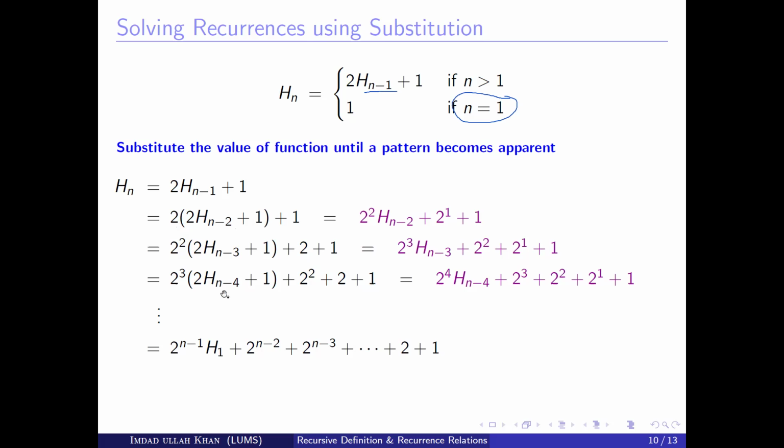When we were at hn minus 4, our power of 2 was 3. So when we landed at 1, that means we have landed on n minus n plus 1, so our first power of 2 here is n minus 2. h1 gets substituted with 1, and we are left with the sum of powers of 2 from 1 to n minus 1. This is a geometric summation. You can use the formula for geometric summation, figure out a and r, plug them in, and you should land on 2 to the power n minus 1.